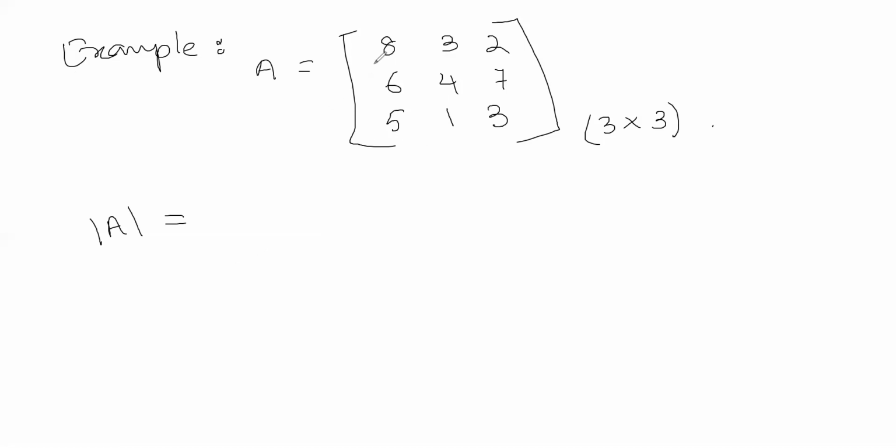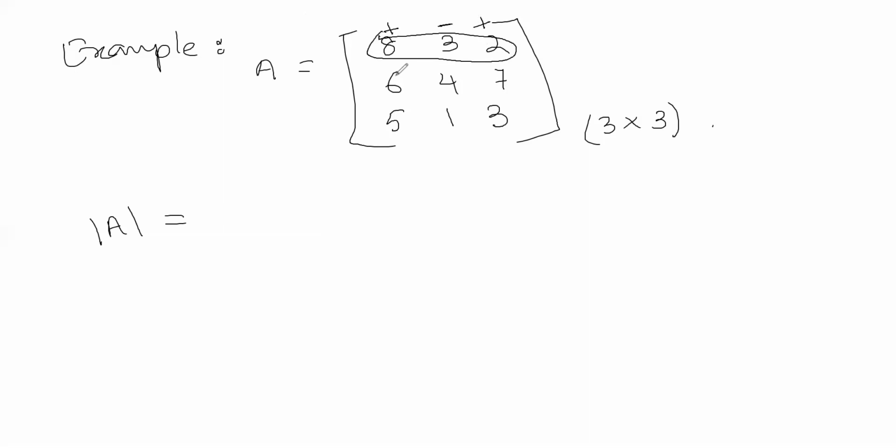In that case, by formula, we will consider the first row, that means this particular row's elements. We will assume a plus sign before this particular element, a minus sign here, and a plus sign here.